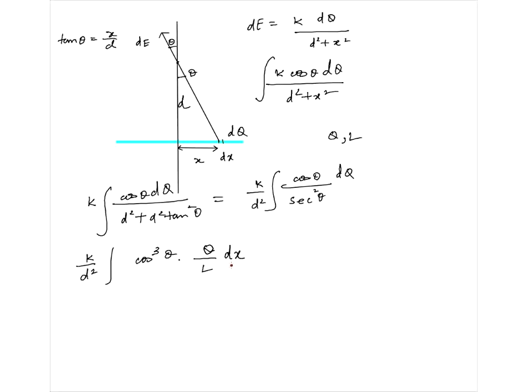I don't want x. Okay, tan theta is x by d. So x is d tan theta. So dx will be d sec square theta d theta.